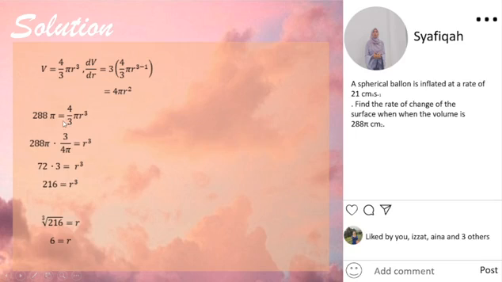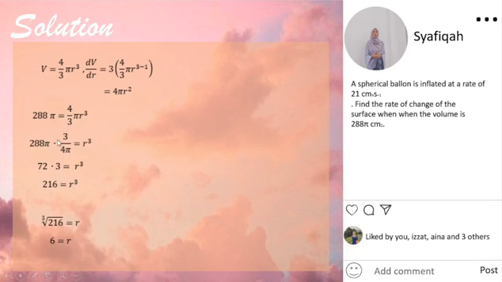Next, we just need to bring this 4/3 pi to this side and leave the r cubed alone. After we bring the 4/3 pi to this side, it will become 288 pi multiplied by 3/4 pi equal to r cubed.